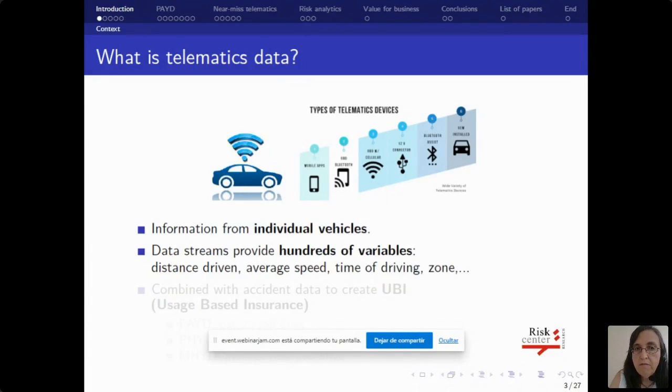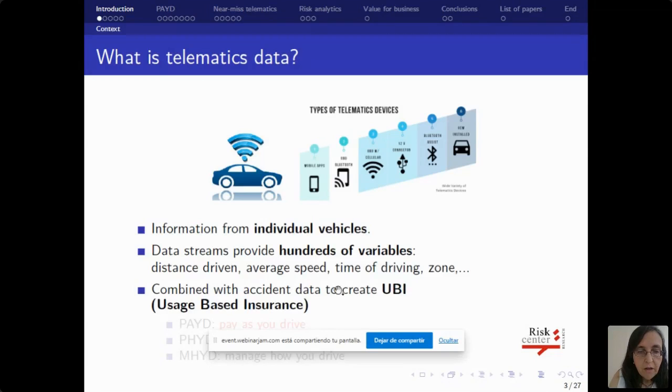So you can get information about how many kilometers, meters. You can also get the position, but usually the exact position of the car is deleted from the telematics data stream for privacy reasons. However, average speed, time of driving, the zone, and many other indicators are collected from these sources.